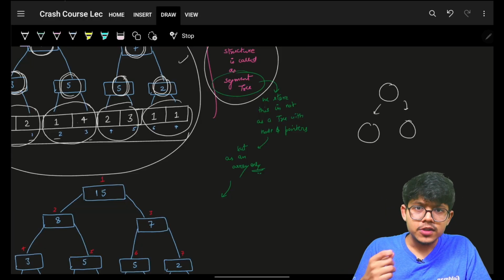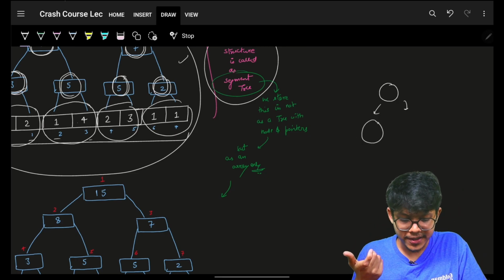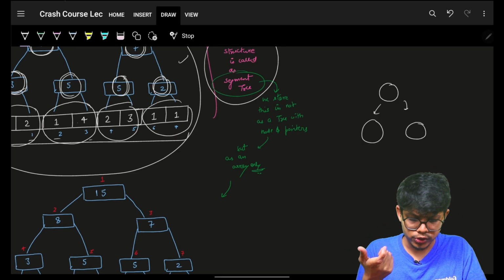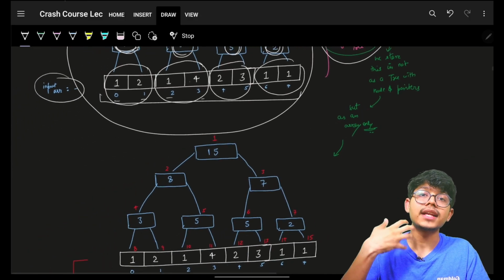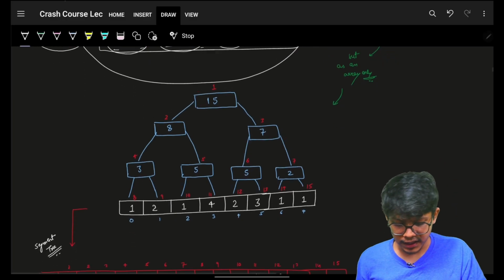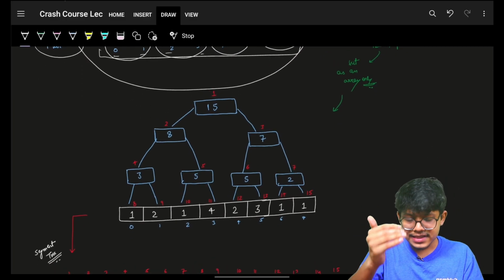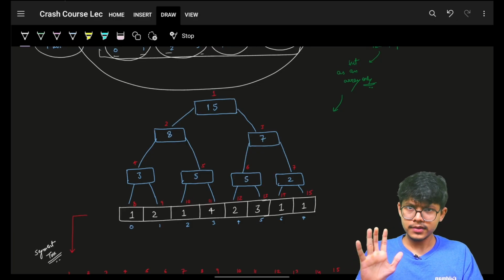Storing a pointer means storing some space for that pointer, which would take some extra space. Thus, we utilized one basic idea: how we can put our tree inside the array itself. So I will show you.